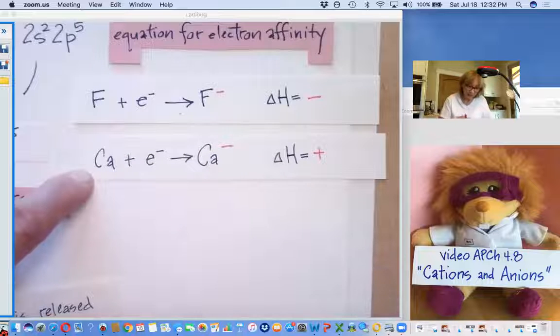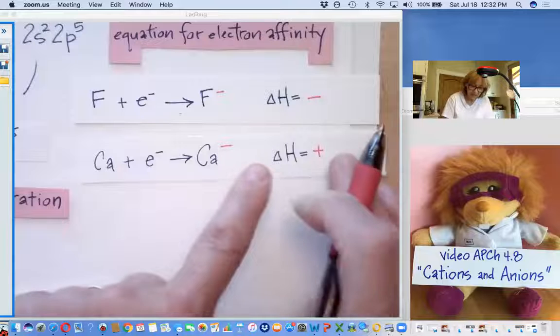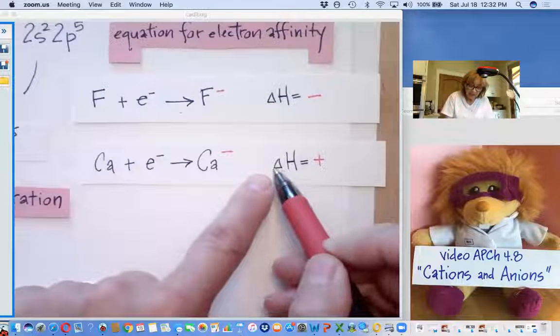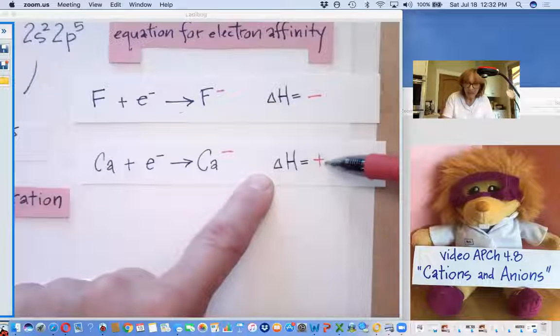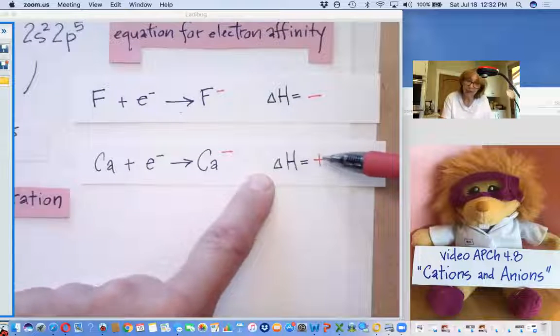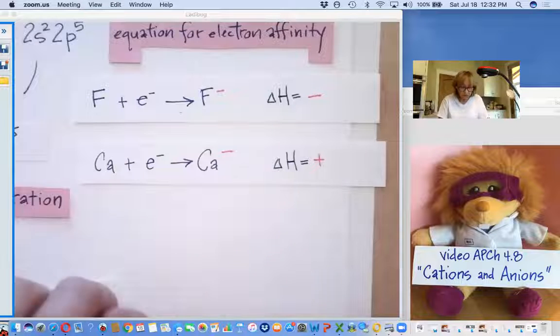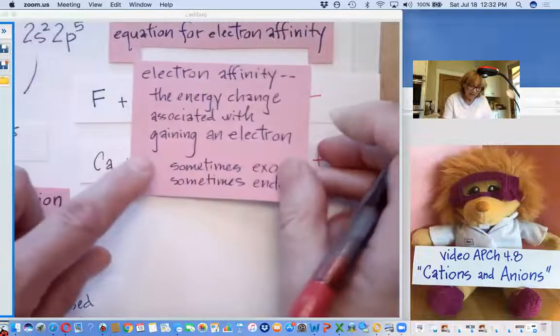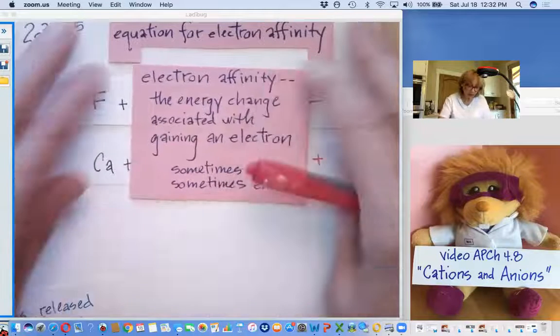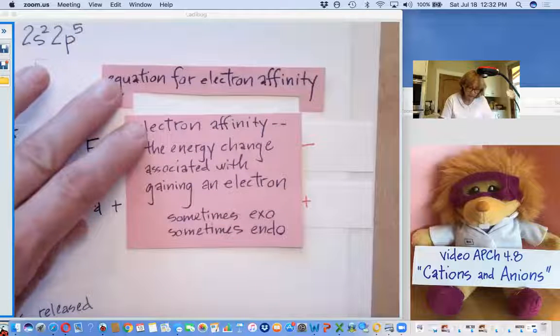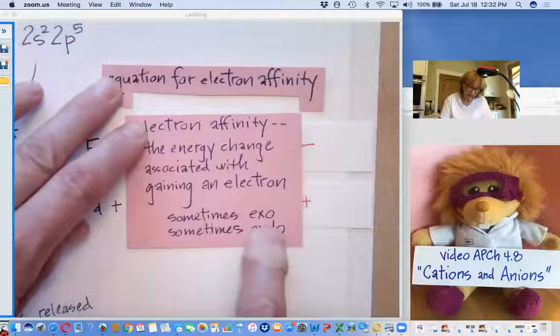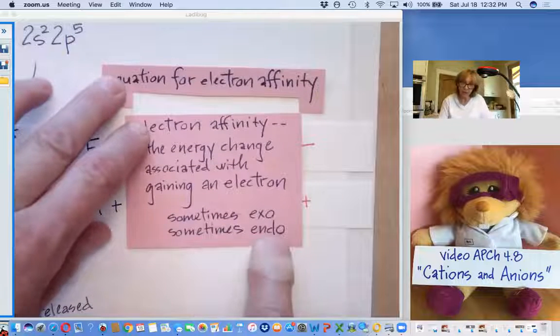It can happen, but it's a forced fit, in which case the energy change involved would be endothermic. Energy has to go in. What I want you to understand is that equations for electron affinity are sometimes exothermic and sometimes endothermic.